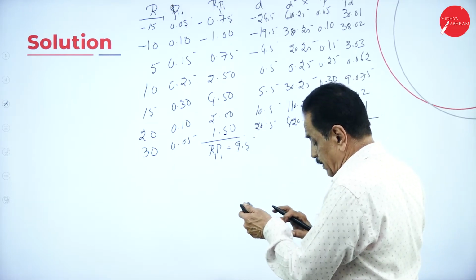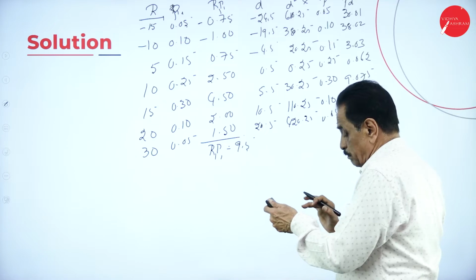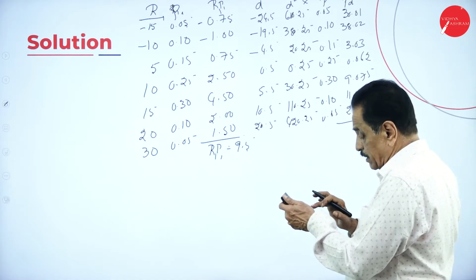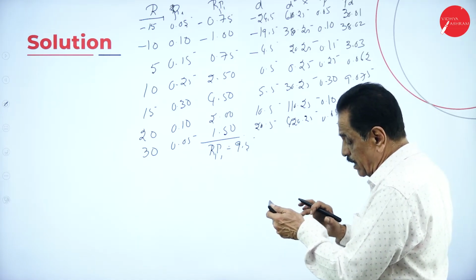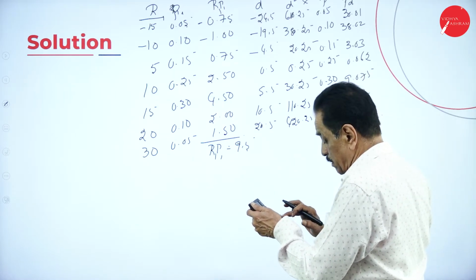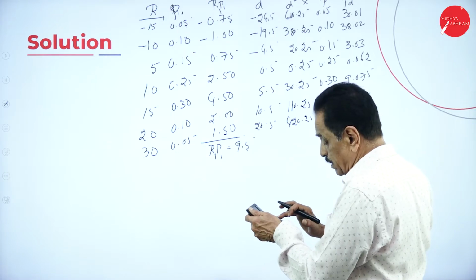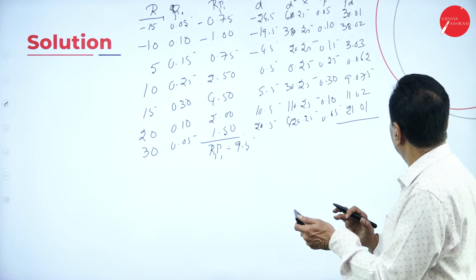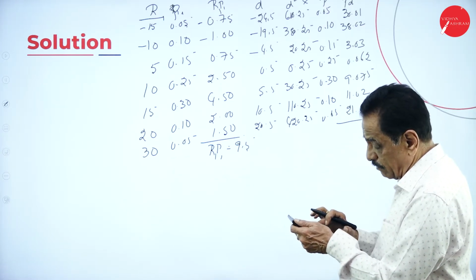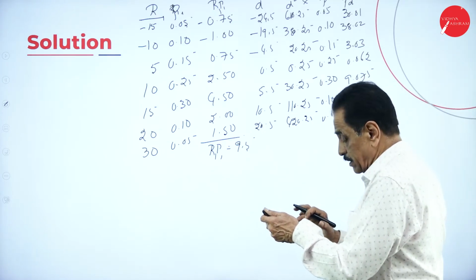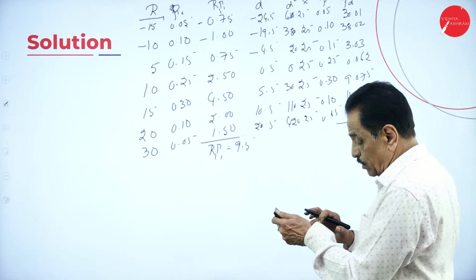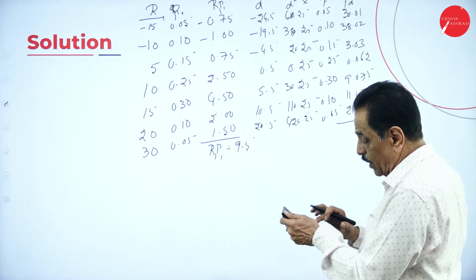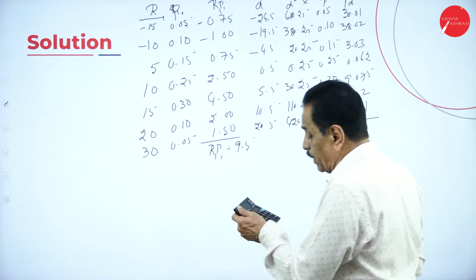So 30.01 plus 38.02 plus 3.03 plus 0.062 plus 9.075 plus 11.02 plus 21.01, equals 112.227.